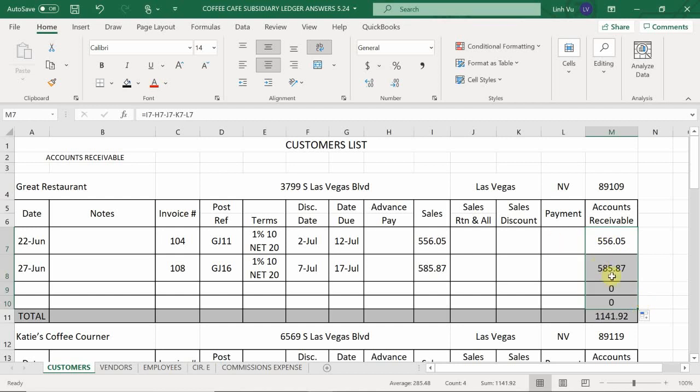It should just say that Great Restaurant owes you an additional $585.87 for this invoice, which is a grand total here of $1,141.92 that Great Restaurant owes.